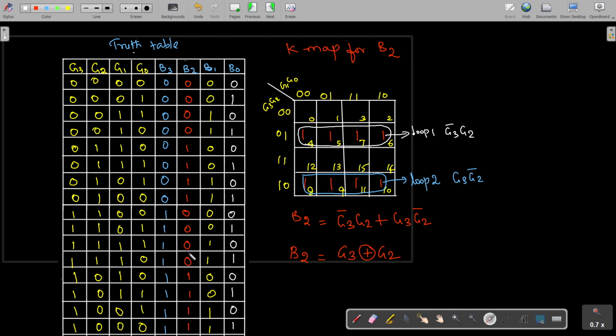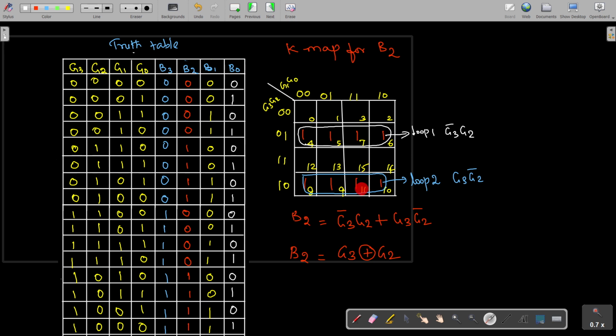Next, here you have zeros, then you have these four values as ones. So for this one, what is the input combination? It is 1010. So here it is 10, then here it is 10, that corresponds to here 10. So place a 1 here. Then this one corresponds to 1011. So it is 10 here, 11 here, so place a 1 here.